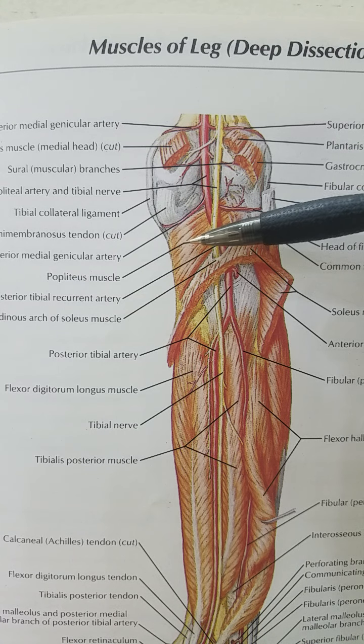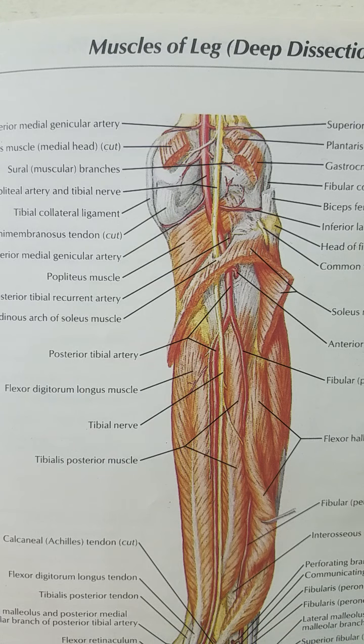And when you need to start flexing your knee joint, before the actual flexion can occur, you need the unlocking of the knee, right? What happens is that the Popliteus pulls the lateral condyle of the femur posteriorly, causing it to rotate laterally.